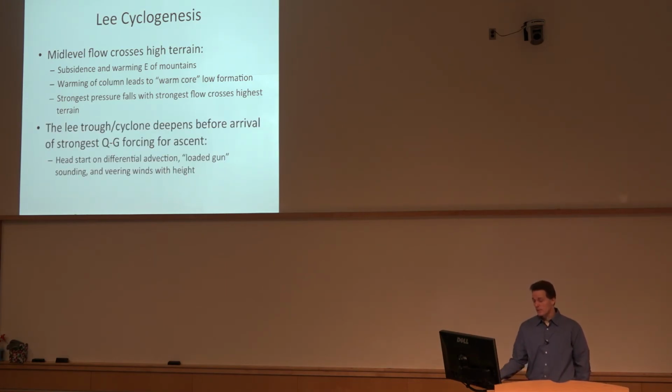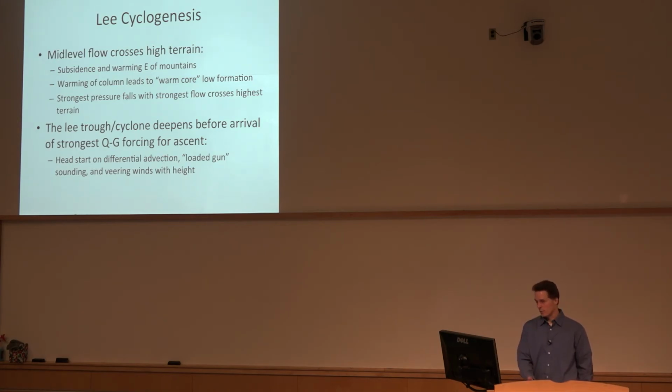Oftentimes in the plains, we see the lee trough cyclone deepen well ahead of the big quasi-geostrophic response. So we get a head start on the differential advection and creating that loaded gun profile. And I'd argue that the primary reason that the central and southern Great Plains of the United States is the severe weather capital of the world is simply because we have a warm ocean to the south and southeast, and we have a north-south mountain range at about the right latitude to the west.